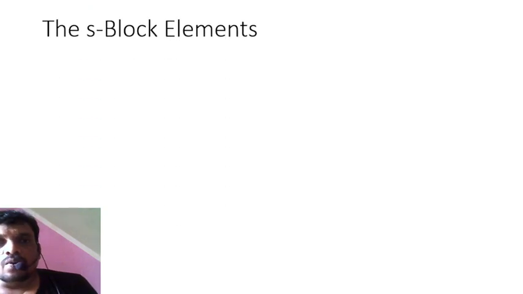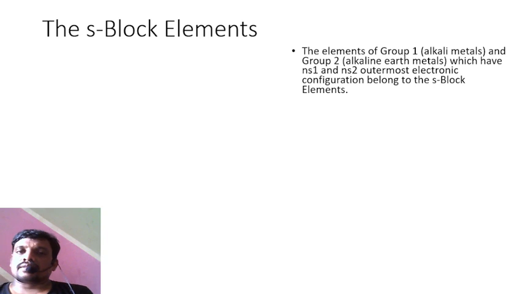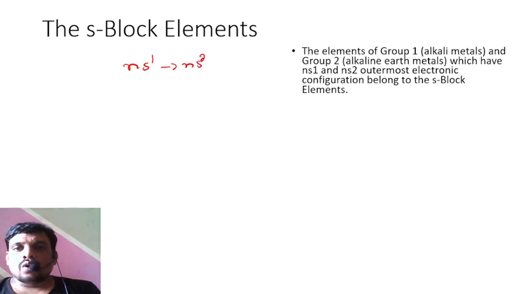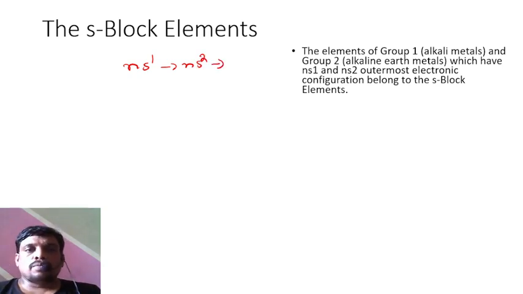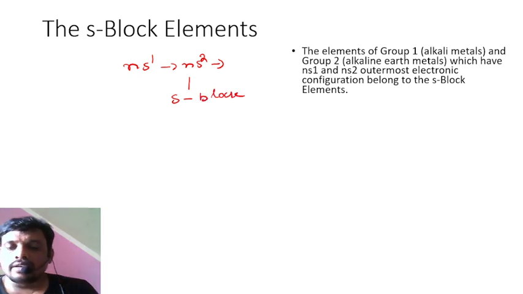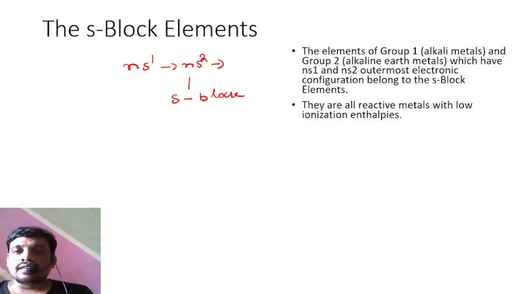Now, s block elements, what are their characters? The elements of group 1 alkali metals and group 2 alkaline earth metals, which have ns1 and ns2 outermost electronic configuration, belong to the s block. Here I clearly gave the definition for that. They are all reactive metals. They are highly reactive, the reaction is very fast, and these metals have low ionization enthalpy.